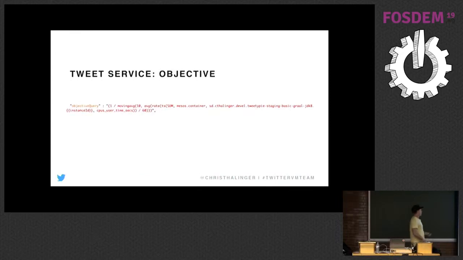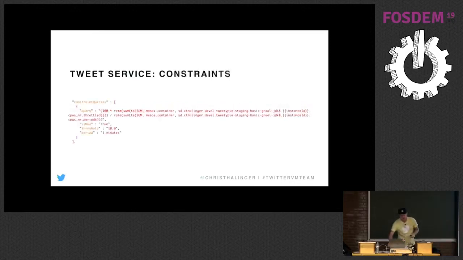Okay, so you have to pass in an objective, right? In this case, it's use of CPU time. And since the AutoTune framework looks for a maxima, we invert this one to find the configuration that uses the least CPU. And then you can specify some constraints. In this case, we run on Aurora on Mesos, and there's something called being throttled: when you're using too much CPU, it kills you.